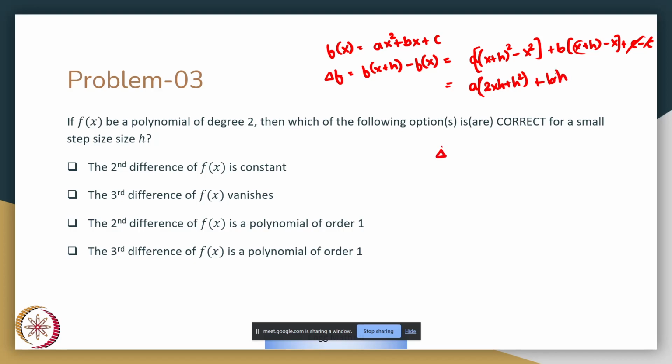And if we take the second difference, I just rearrange these terms, they essentially become 2ah x plus ah square plus bh.